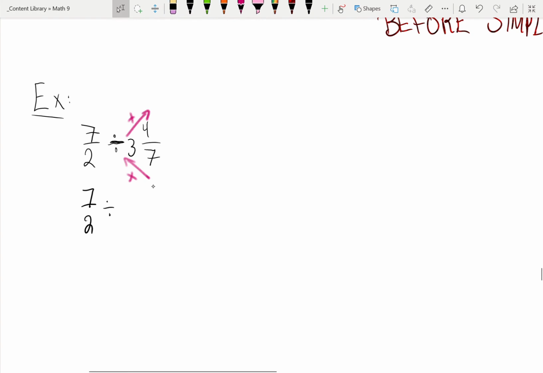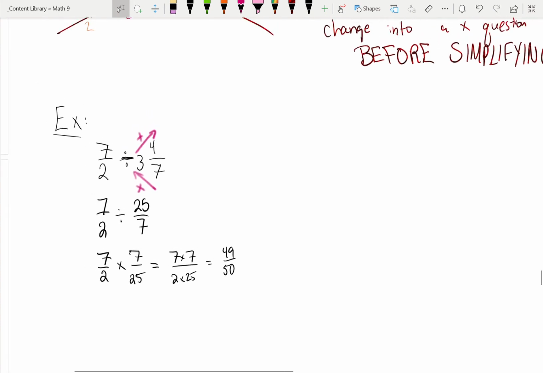So I have 7 times 3 is 21, plus 4 is 25 over 7. I don't want to cancel out. This is a trap. So 7 over 2 times 7 over 25. So then from here, I can multiply 7 times 7 over 2 times 25, and I get 49 out of 50. So keep that in mind.